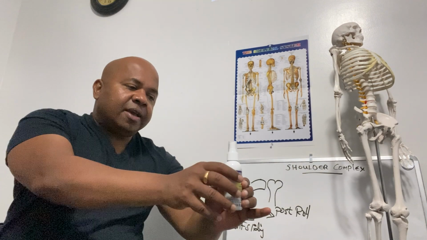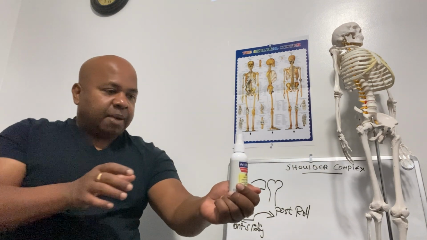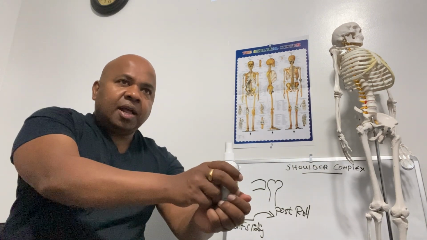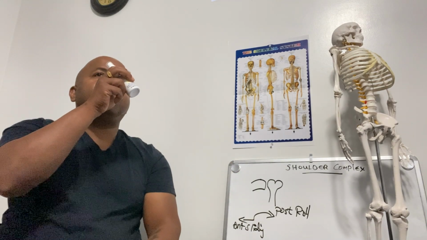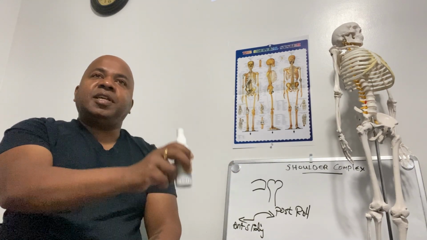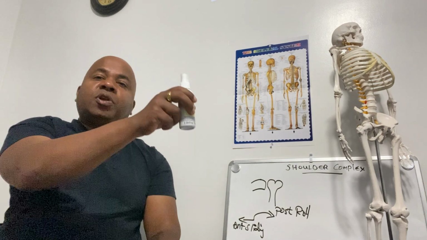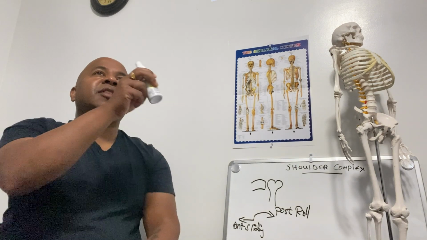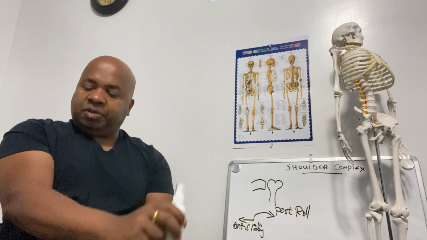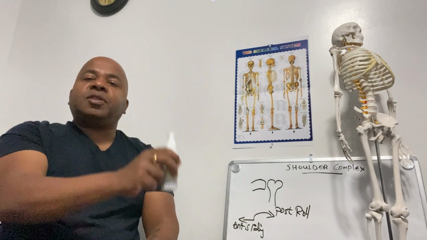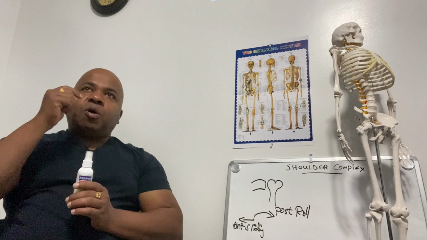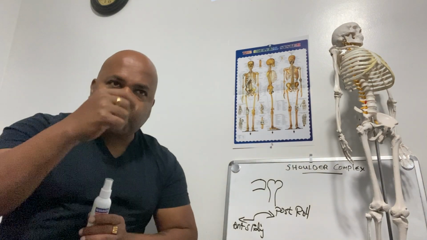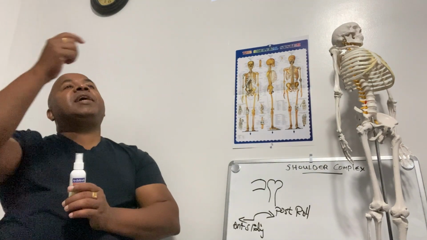I am holding this bottle and bringing it towards my mouth. Imagine I am drinking a bottle of water, so I am bringing this bottle towards the mouth. This is a rotatory or angular motion, the movement of an object or a segment in a curved path.